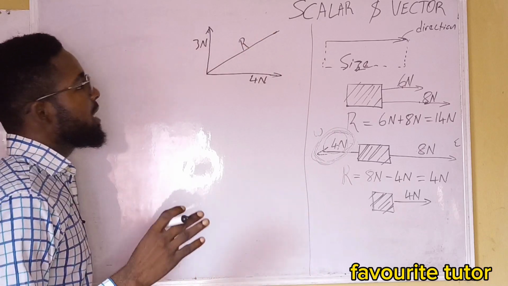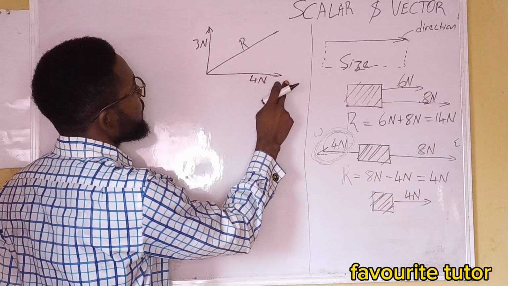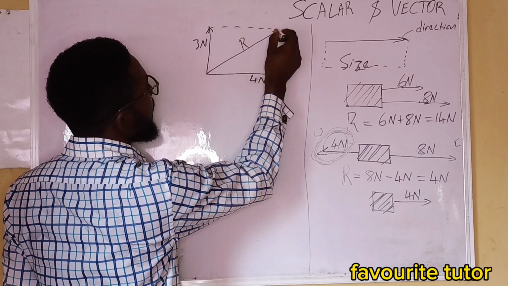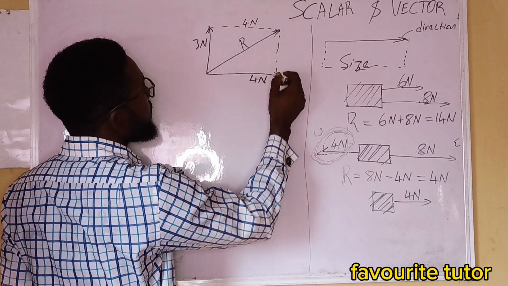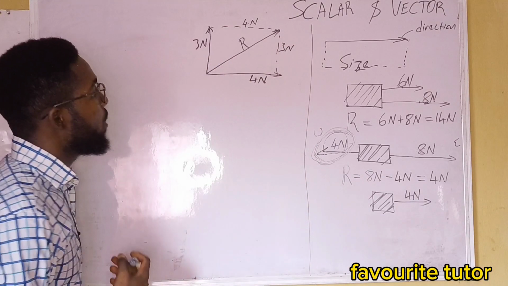When forces are acting perpendicular to each other, if here is 4 Newton, this other side will be 4 Newton, and here will be 3, because opposite sides are equal.